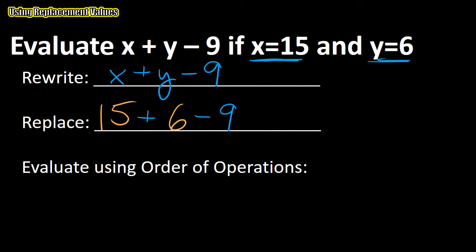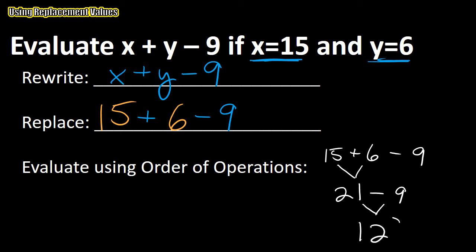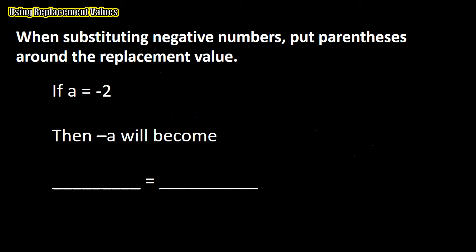Then it says evaluate using order of operations. So I have 15 plus 6 minus 9. I'm going to do 15 plus 6 first, which is 21, minus 9, giving me 12. What I did was just like order of operations, except we have one extra step, where we use the replacement values to rewrite and replace the variables that we have.